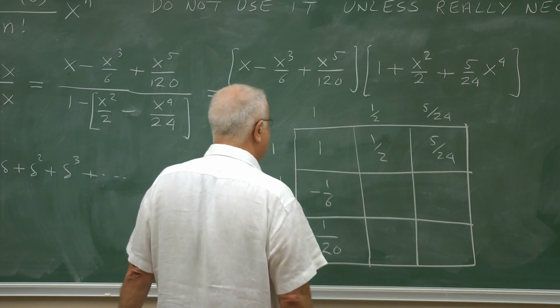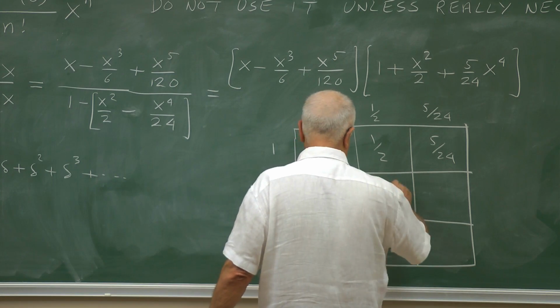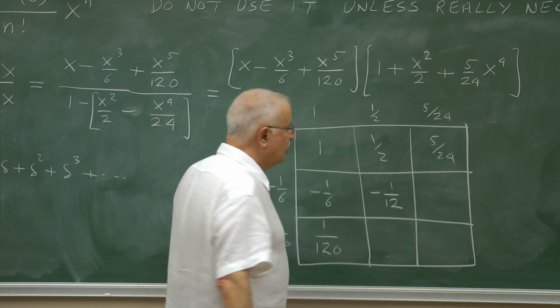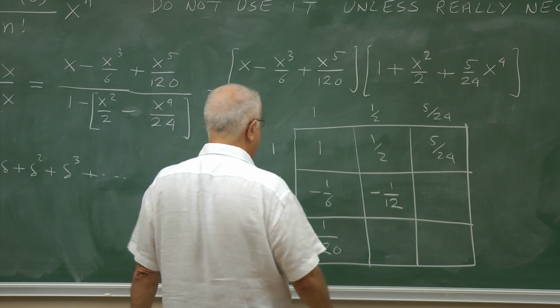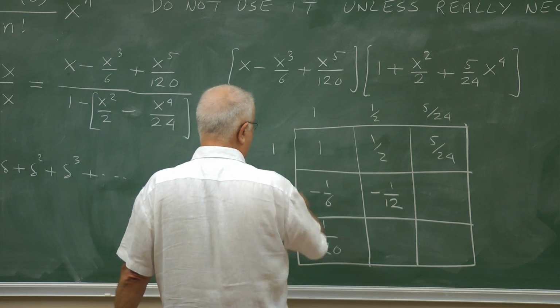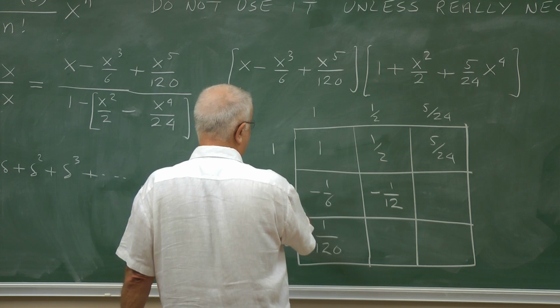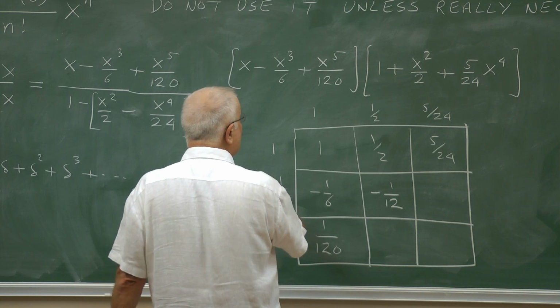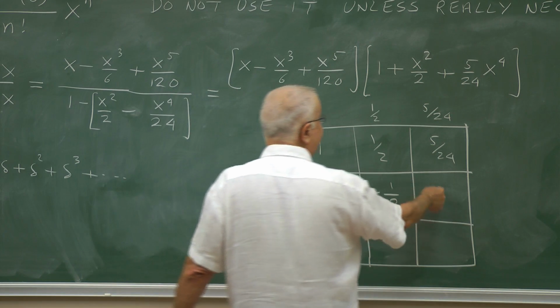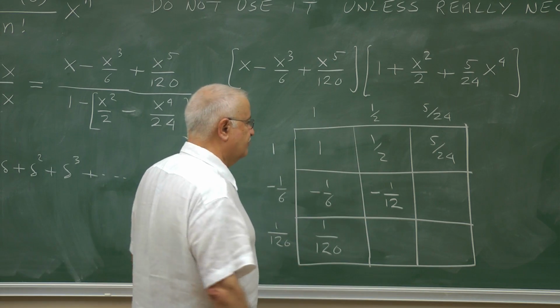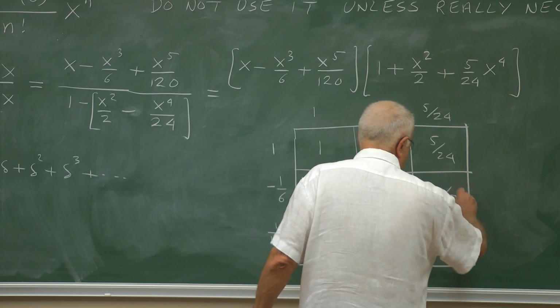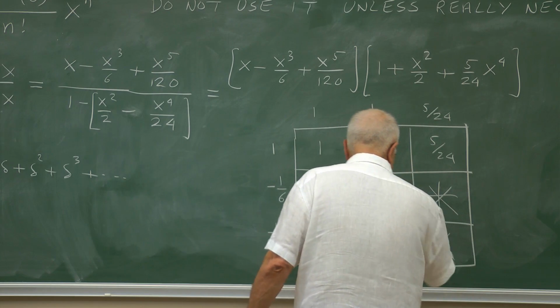That was also easy. This is minus 1 over 12. What about these? I don't care, because you see this minus 1 over 6 is the coefficient of x cubed. And this is x to the 4th. So that's x to the 7. We throw it away. So these are nonsense. We disregard them.